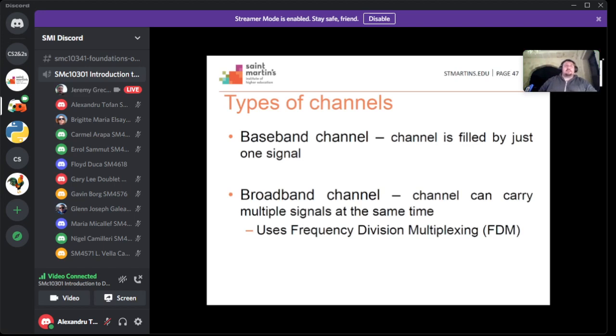Meaning that you were using up that line entirely for yourself. Nobody else was making use of that line that you actually had. That basically was a baseband channel, because there was one signal going down that particular wire, and it was only used for that particular communication.